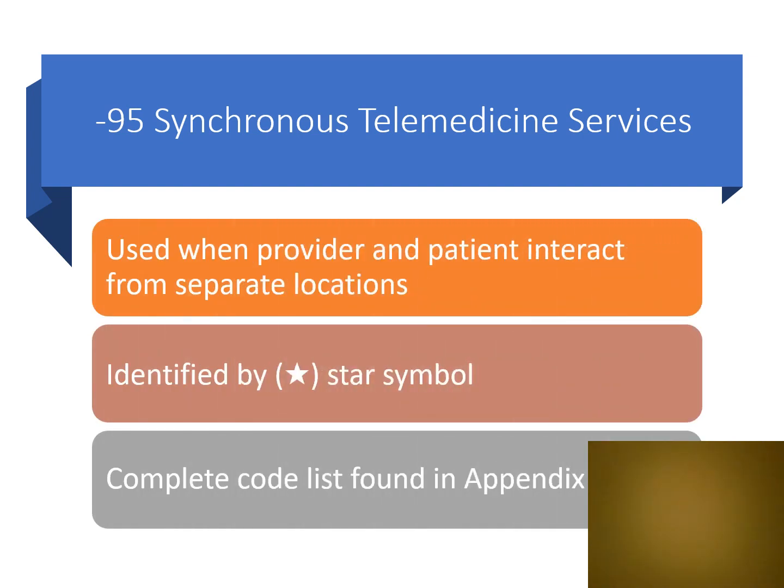It's used when the physician and patient interact from separate locations. You'll see a star symbol there in your book for that, and the complete list of the codes that can be used with 95 is in Appendix P.